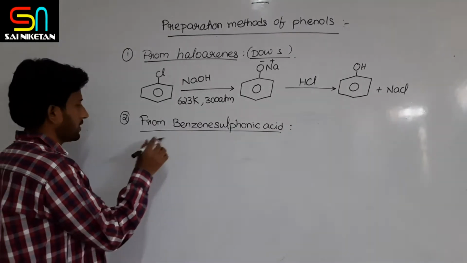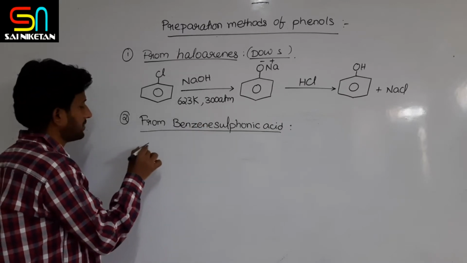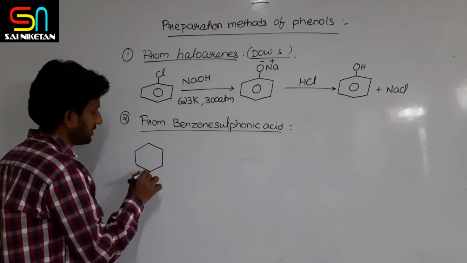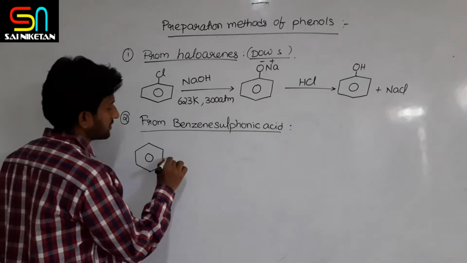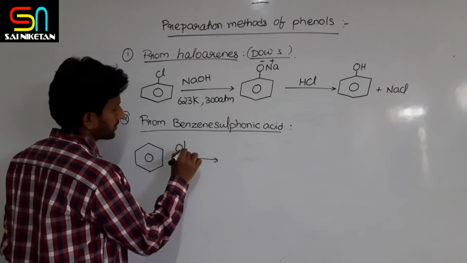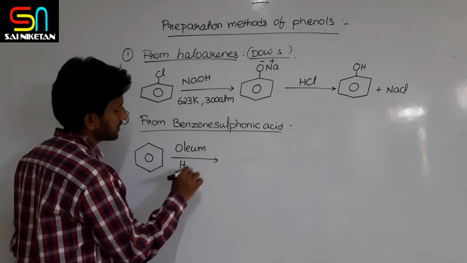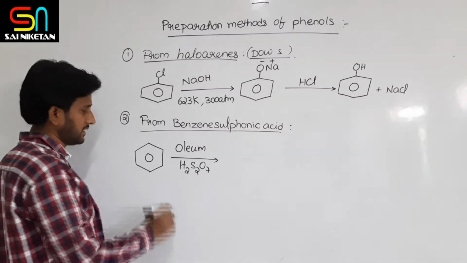Okay. First let us see how you get benzene sulfonic acid. First step I am writing here. In the first year we have studied this: when benzene reacts with oleum or pyrosulfuric acid, H2S2O7, fuming sulfuric acid, that is sulfonation of benzene, right?